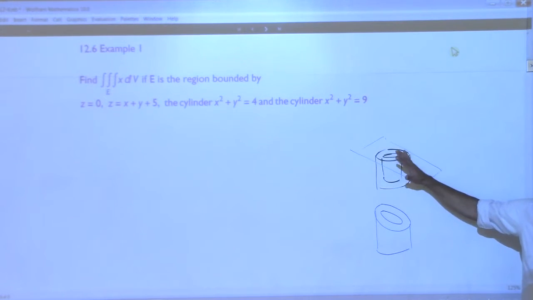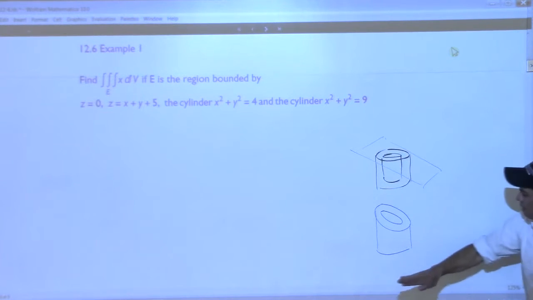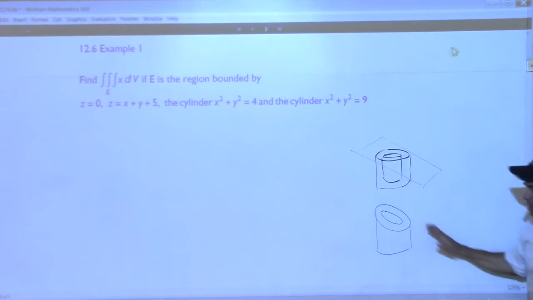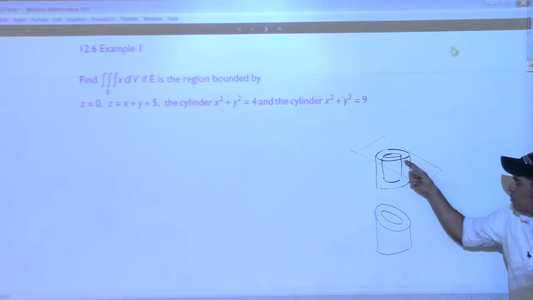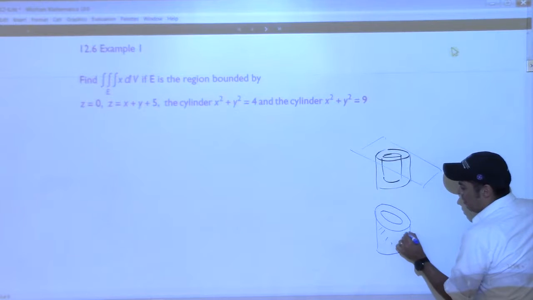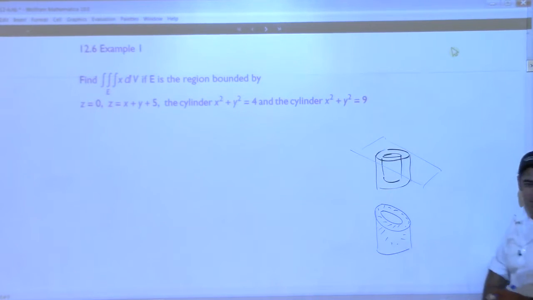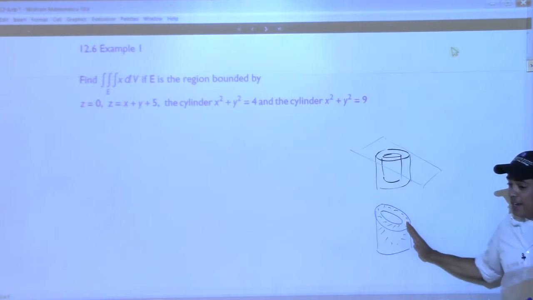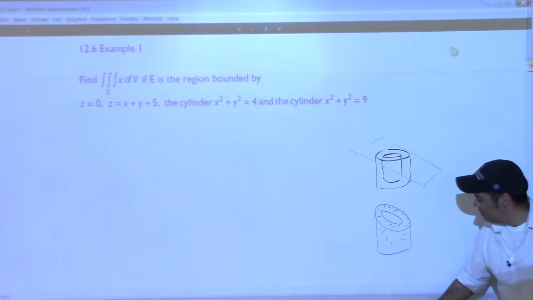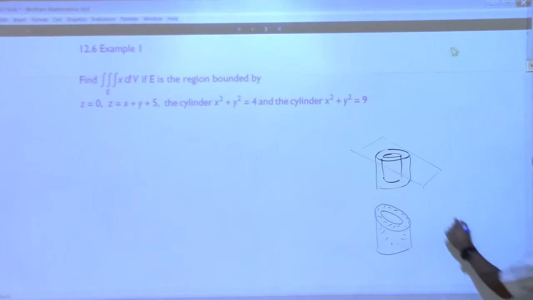I don't really care, because that would depend on your perspective point. But the ground cutting through, a plane cutting through, and then the region between the two cylinders. So we're talking about all that in there, and there's a hole inside, like a sushi roll, but cut at an angle. So it's hollow inside, right? There's nothing in there. That is E.